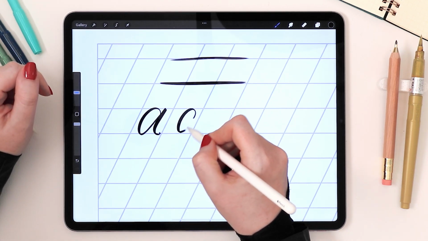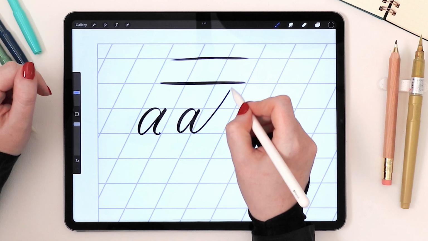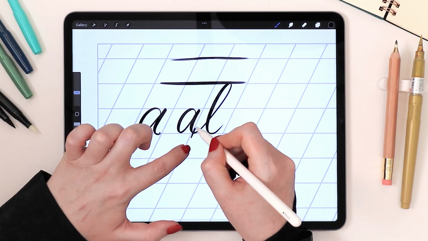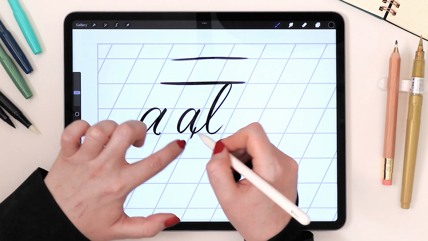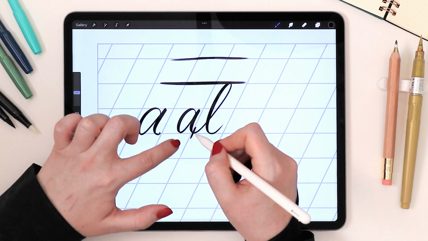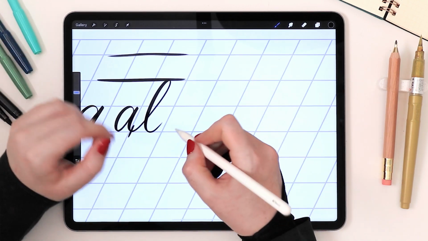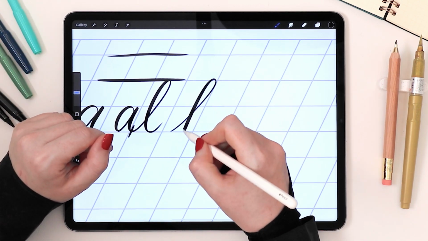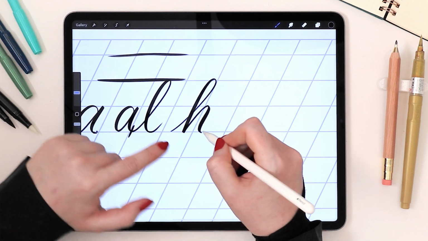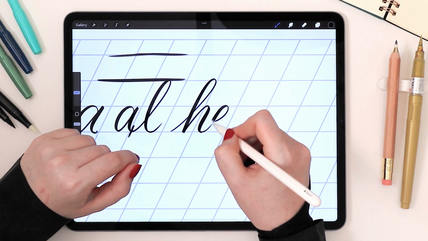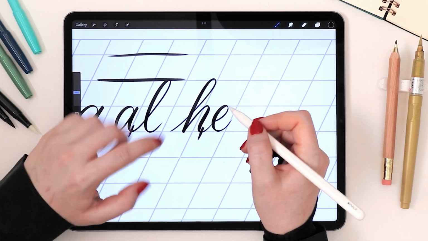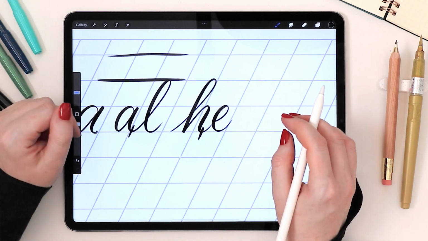So A moving into L, I can go straight up from the baseline. My connector stroke starts right here at the base. The same goes for all of these letters that we've learned so far, right? My exit stroke of the H and the connector stroke starts here at the baseline.